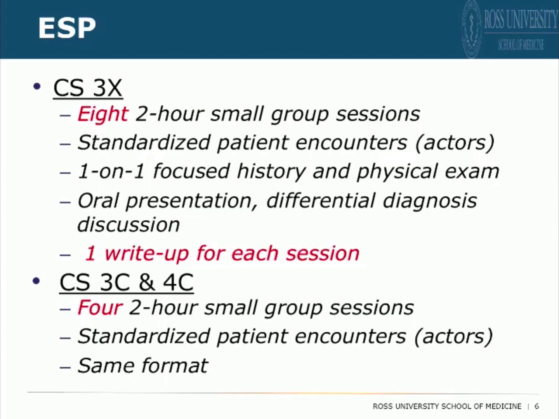The ESP activity for the 3X students consists of 8 2-hour small group sessions. For the 3C and 3-4 students, these are divided into 4 2-hour group sessions. Same cases, same format. Basically, it is a history and physical exam that is performed on a standardized patient or actor.